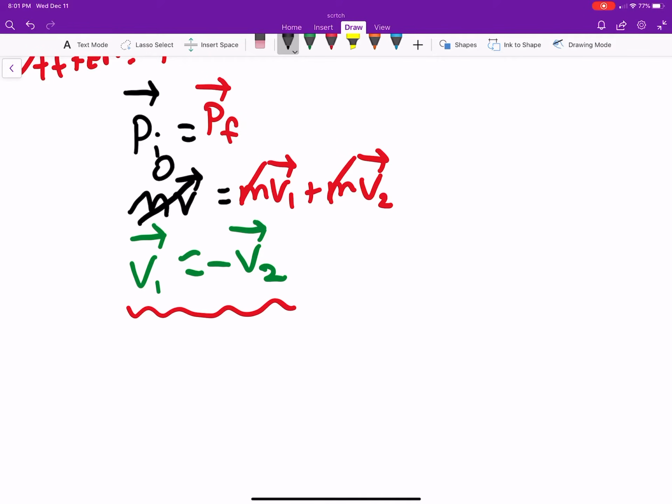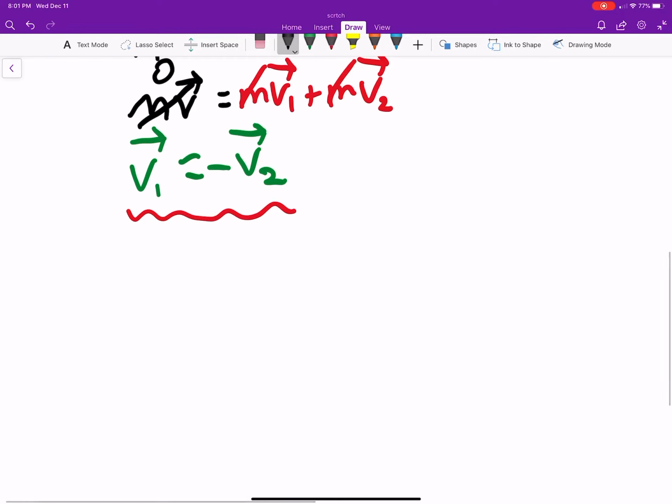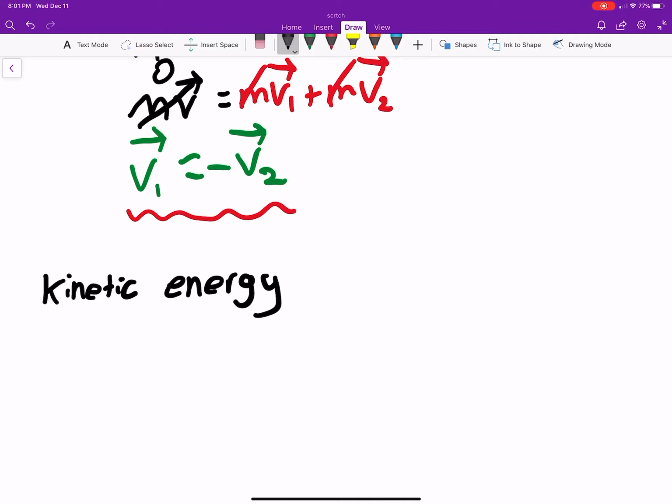Cool. Now we want to look at the kinetic energy. And we know, just as a reminder, the kinetic energy is equal to 1/2 mv squared.